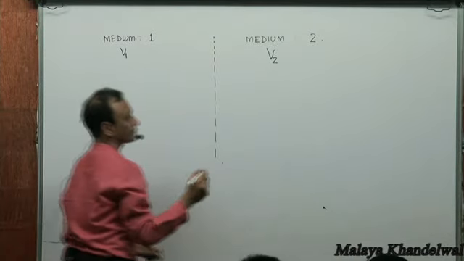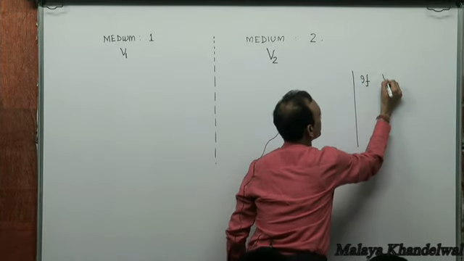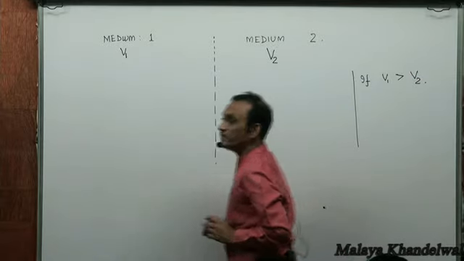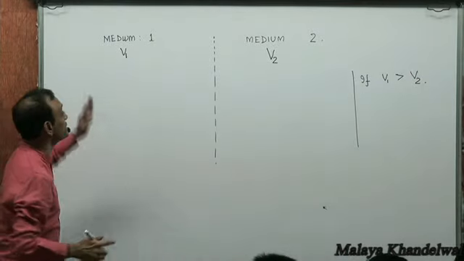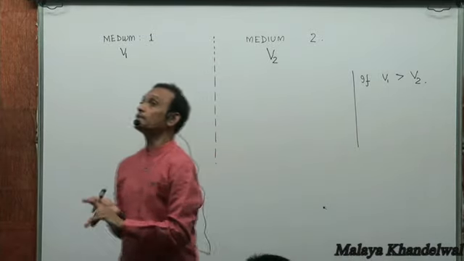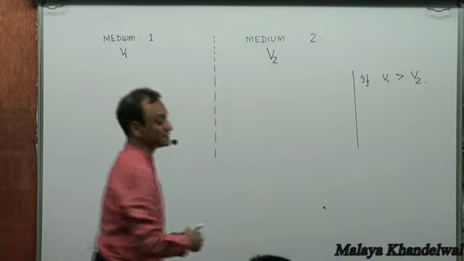If V1 is more than V2, if speed in medium 1 is more than speed in medium 2, then we say that medium 1 is rarer and medium 2 is denser.